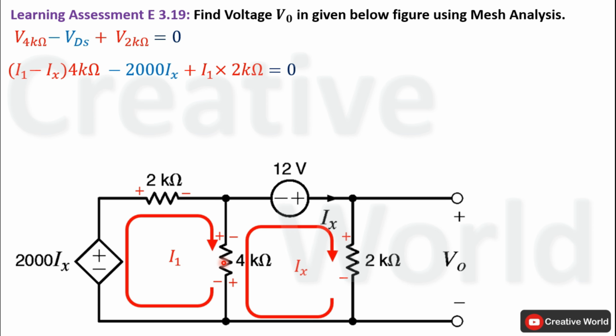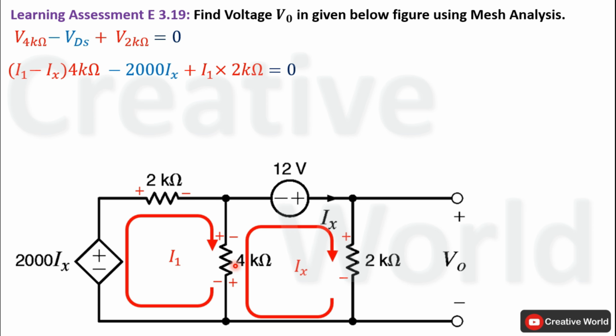Now we are taking voltage across this 4 kilo ohm resistance according to the direction of current I1. So we will consider current I1 is higher than current Ix. So the resultant current flowing through this 4 kilo ohm resistance will be equal to I1 minus Ix. This subtraction is performed because both currents are opposite in direction to each other.